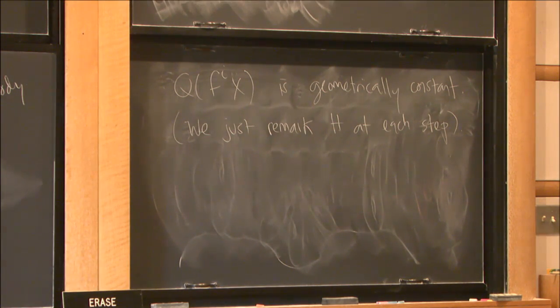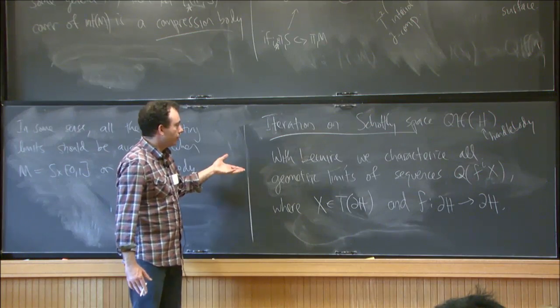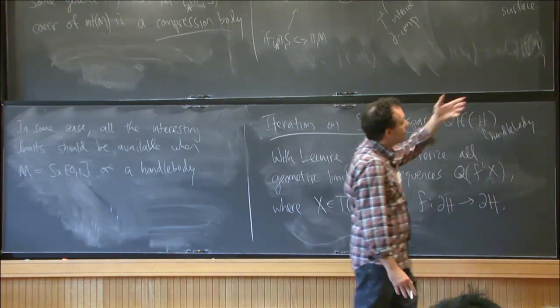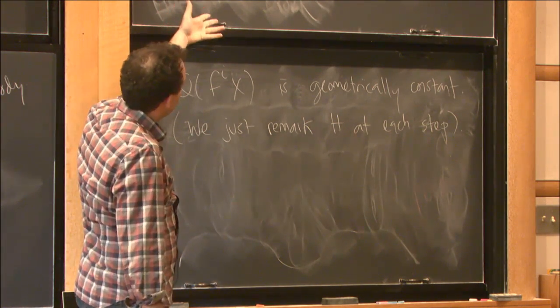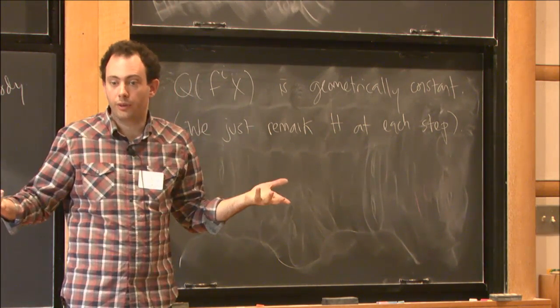Okay, and so what that tells you is that you can come up with an f that extends to the handle body of whatever Nielsen-Thurston type you want.